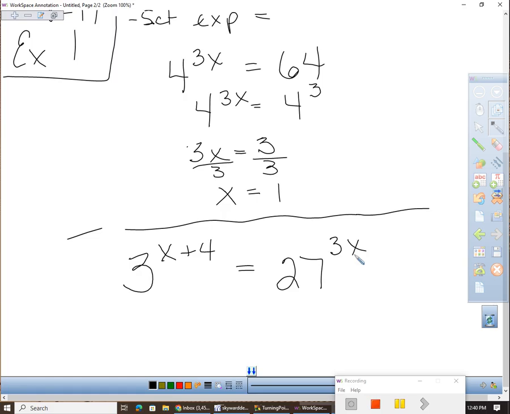All right. So is it possible to get the same base on both of these? Yes. 3, we can get a base of 3.